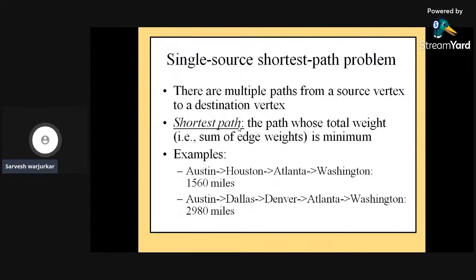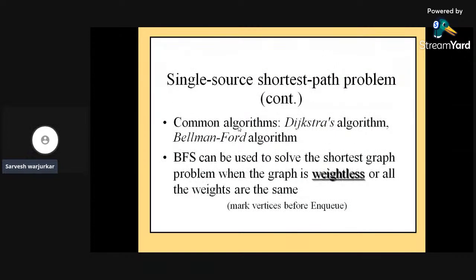In the single source shortest path problem, there are multiple paths from the source vertex to the destination vertex. Shortest path means, with the help of weights, whichever is the minimum path from the source to the destination. There are different algorithms for that; common algorithms for finding the shortest path are Dijkstra and Bellman Ford.